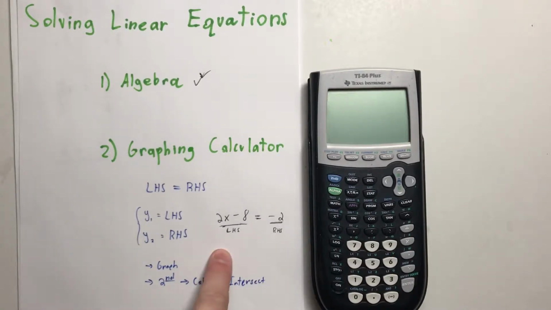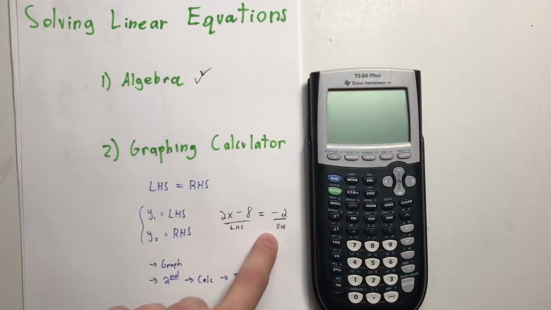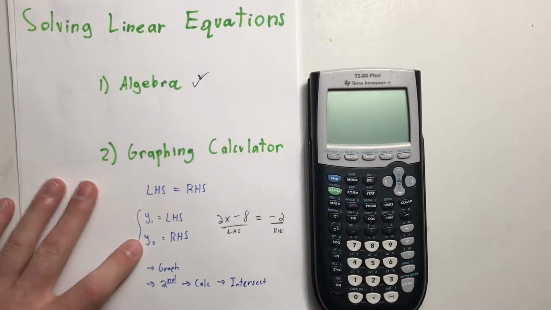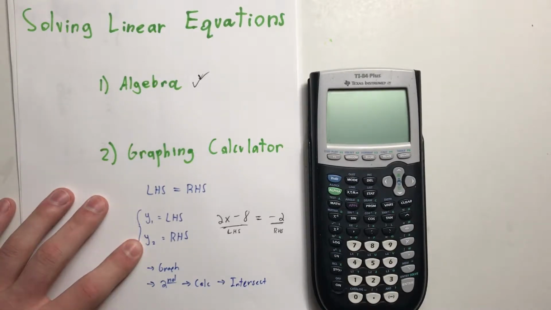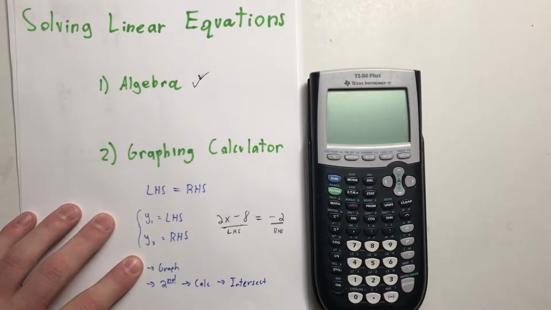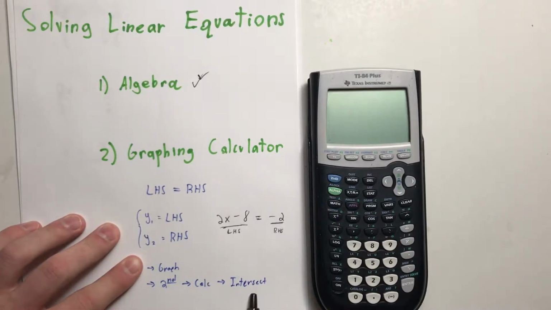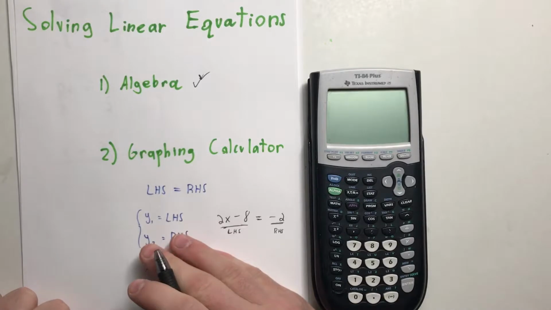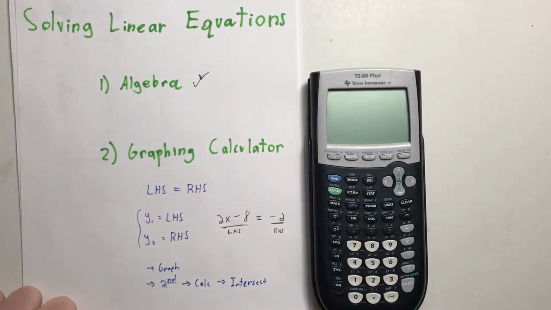So our left-hand side would be 2x minus 8, and the right-hand side is negative 2. You're going to put your left-hand side in your y1 and your right-hand side in your y2, graph it, and then use the intersection feature on your calculator to find the point where those two curves cross, and that is going to be our solution.